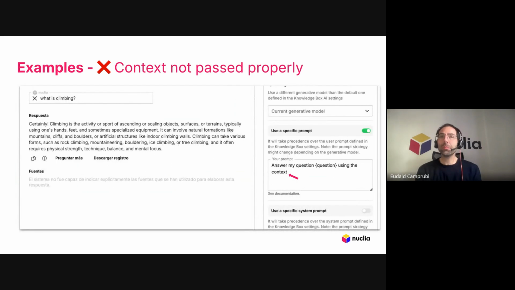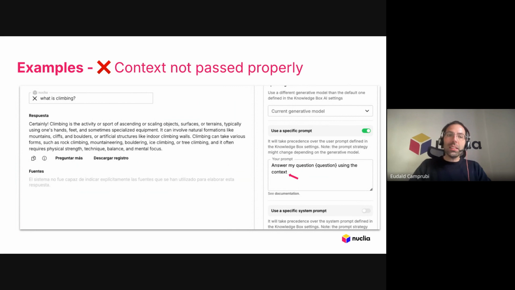Let's see now some examples of bad prompting in Nuclia. Those are real examples from prospects or customers, and they are sometimes the most usual mistakes that we see.